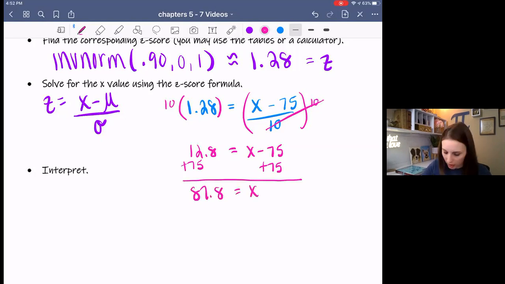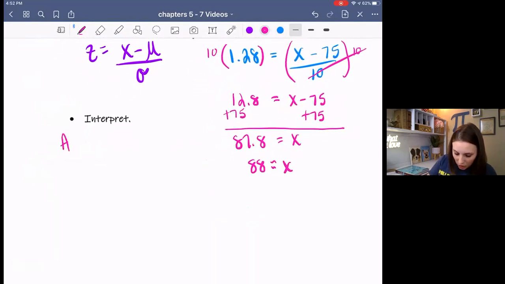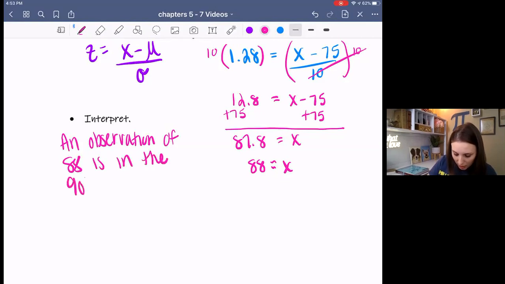So if we wanted to round it, we could round that to 88. Which means that an observation of 88 is in the 90th percentile.